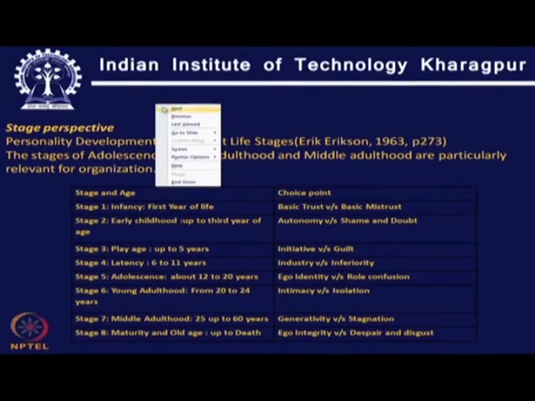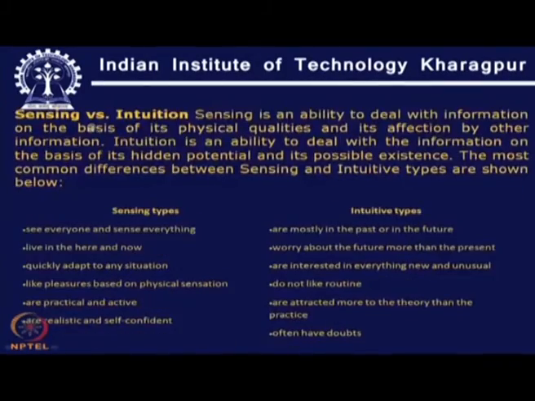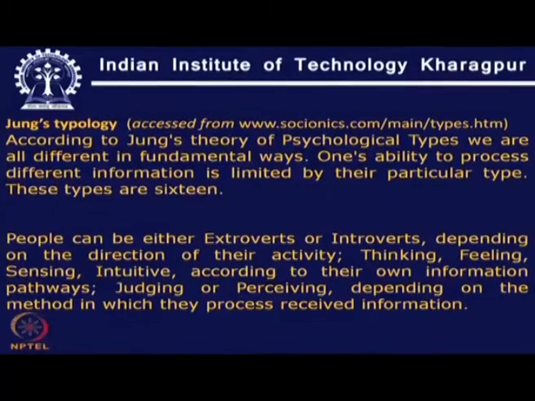So, what we can see from here is all these four different things from Jung's typology that we are having: extrovert, introvert, thinking, feeling. Then we are having judging, perceiving, and sensing, intuitive.